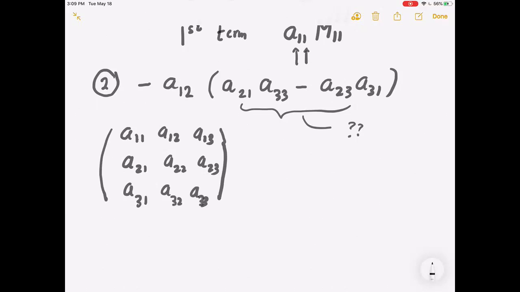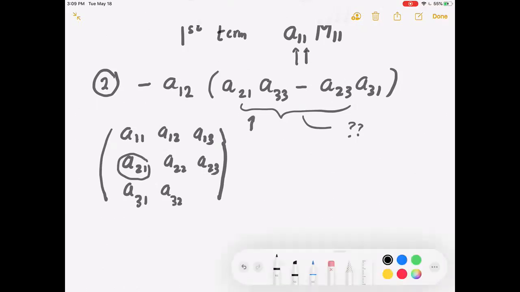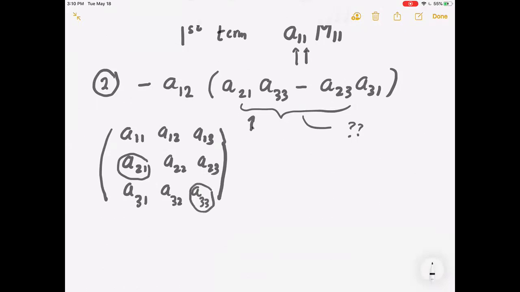Here, I'm multiplying a sub 2,1 times a sub 3,3 to get the first term, and then I'm subtracting from that a sub 2,3 times a sub 3,1. So it looks like to get this creature in parentheses, I have to strike out the first row and the second column, and then I'm left with a matrix whose determinant I need to take.